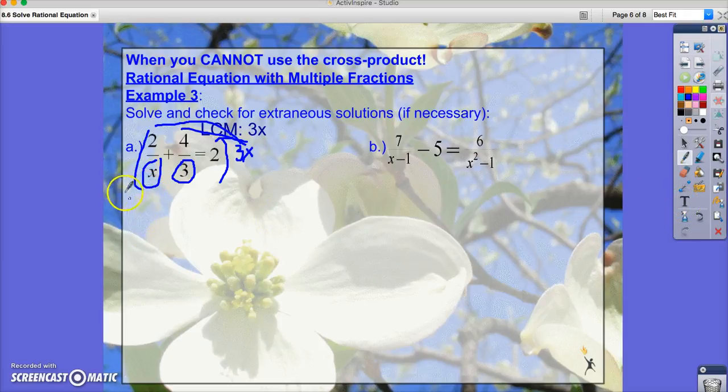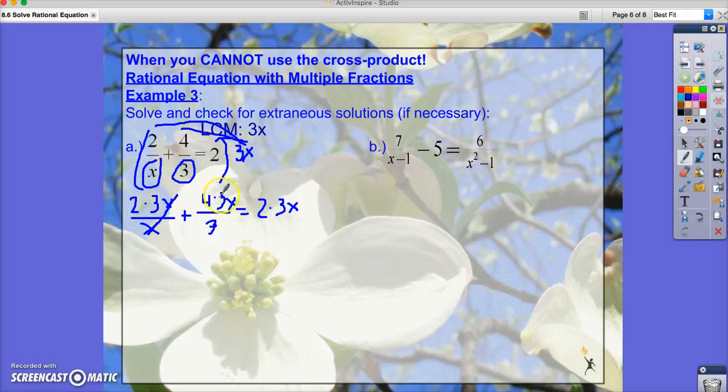So I'll get 2 times 3x over the common denominator, which is x, plus 4 times 3x all over 3, equals 2 times 3x. So what cancels out?